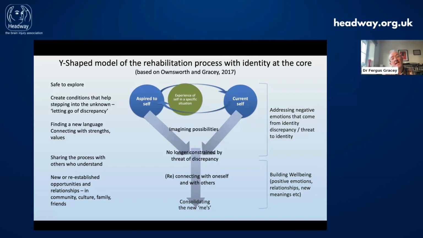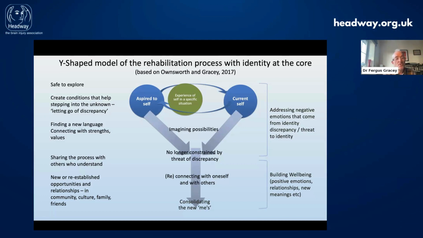And we formulate this as creating a threat response. And of course, if anyone's in a threat state, then the first thing that you want to do is to create a safe situation. So making the rehabilitation environment compassionate, attentive, etc. And the process is one of engaging people in reflecting on those identity changes, making them feel like it's okay to talk and think about those things, and then working with them to test out some of their predictions, fears and worries that may have led them to avoid situations that trigger a catastrophic reaction.